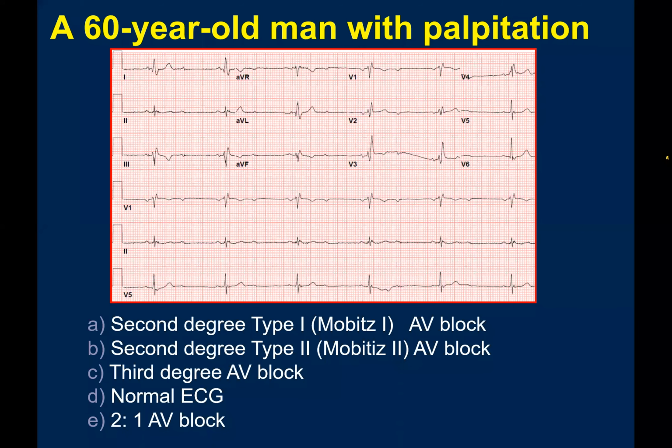Okay, so this patient is having a bradycardia with a heart rate in the 40s, and it's regular.